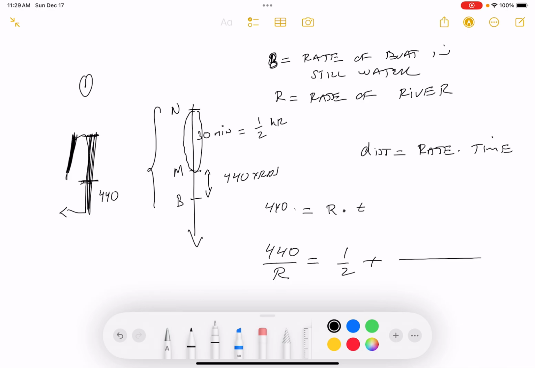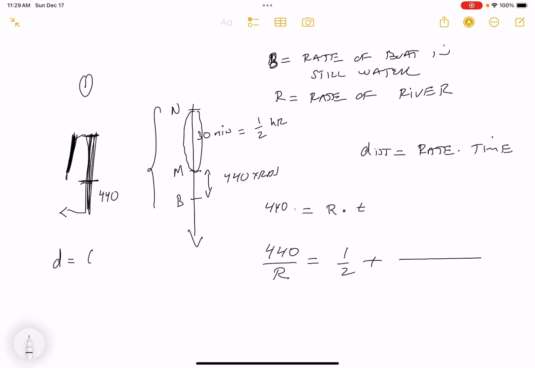So I'm going to say the distance upstream, right, is going to be rate. And the rate is going to be B minus R. Now, the reason for B minus R is he's going upstream. He's got rate in the still water, but the river's working against him. So it's like B minus R, and he's going for a half hour. So let's write that down. The distance here is B minus R over 2.